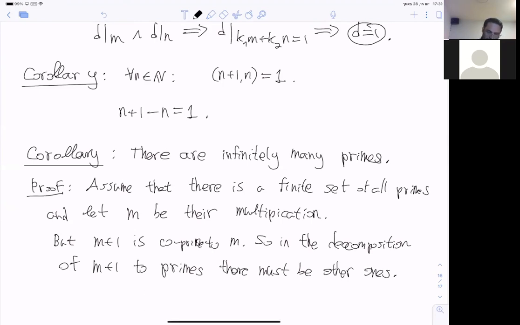Okay, so it cannot be a finite set of primes. So, I mean, you are not surprised, isn't it?